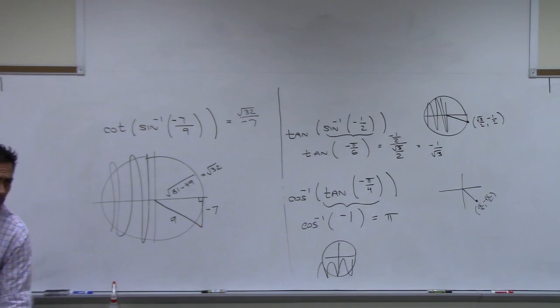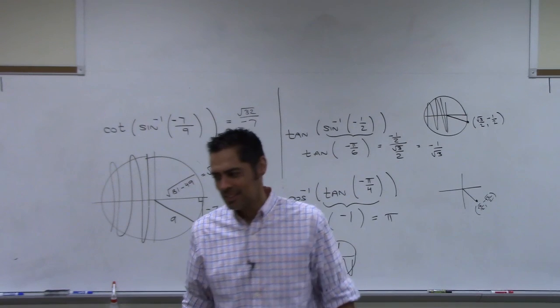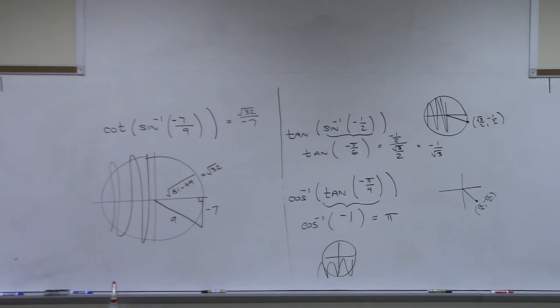I'll have a few. I'll probably have some easier ones than something a little bit harder. All right, good luck. You have like 46 hours to get ready. It's plenty of time. Get a lot done in 46 hours.